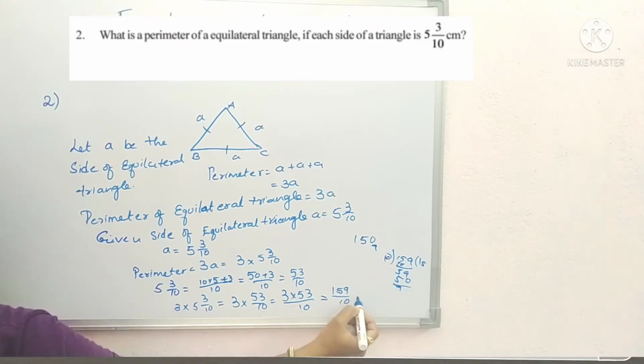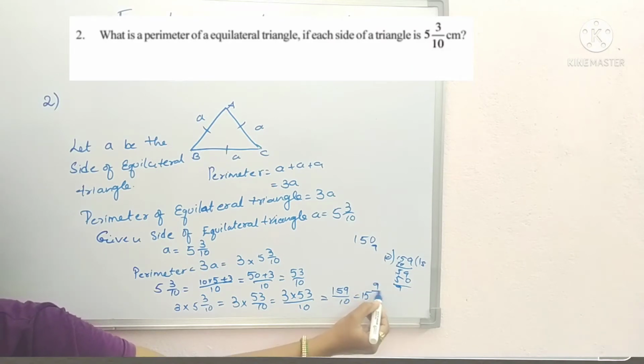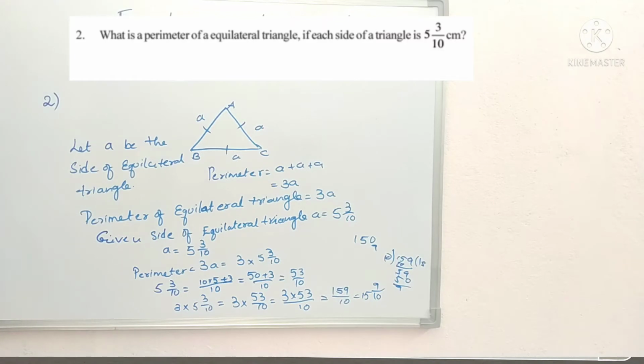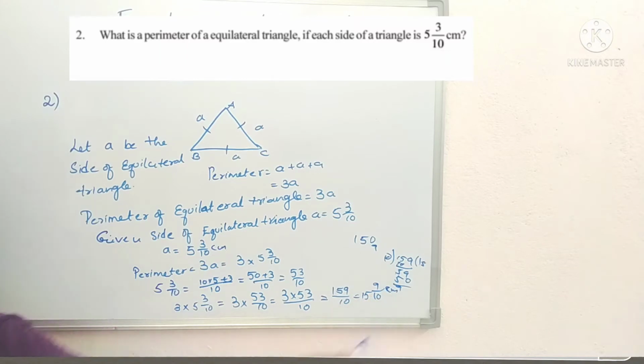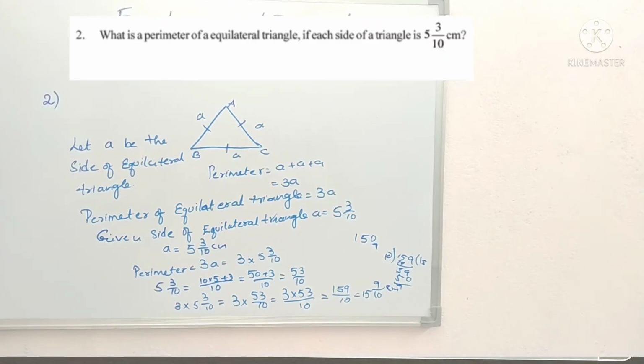So the remainder will be 9. So write the quotient first and remainder by divisor. So 15 9 by 10. Here they gave centimeters, right? So we have to write units also every time, centimeters. So in this way we can calculate the perimeter of an equilateral triangle.